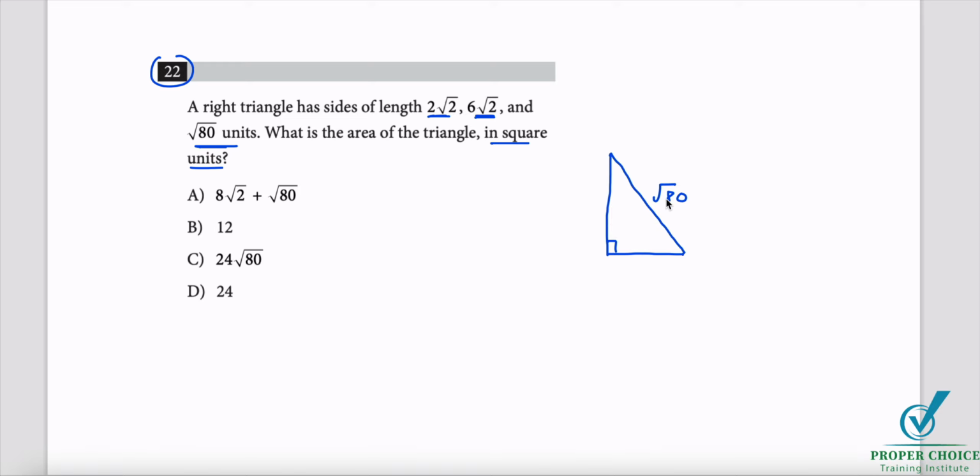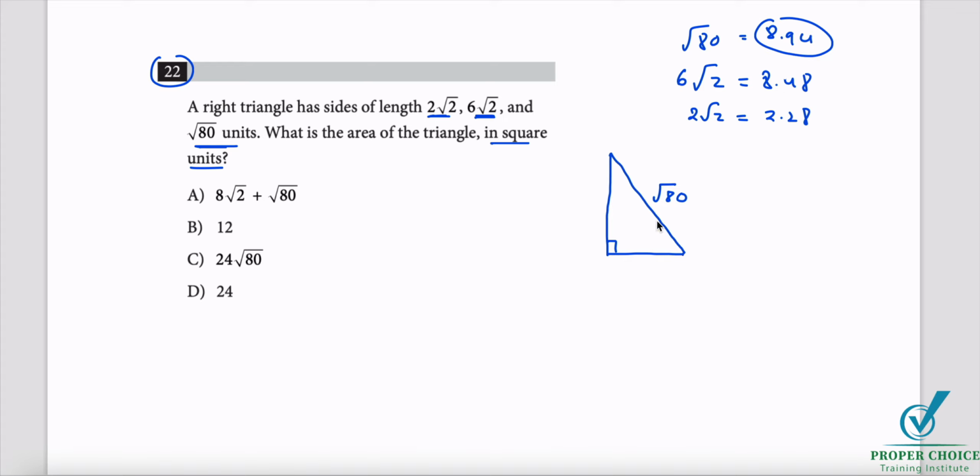And what is the value of 6 square root of 2? 6 square root of 2 is equal to 8.48, and 2 square root of 2 is equal to 2.83, and square root of 80 is basically 8.94. So as I said, the longest side is always the hypotenuse.